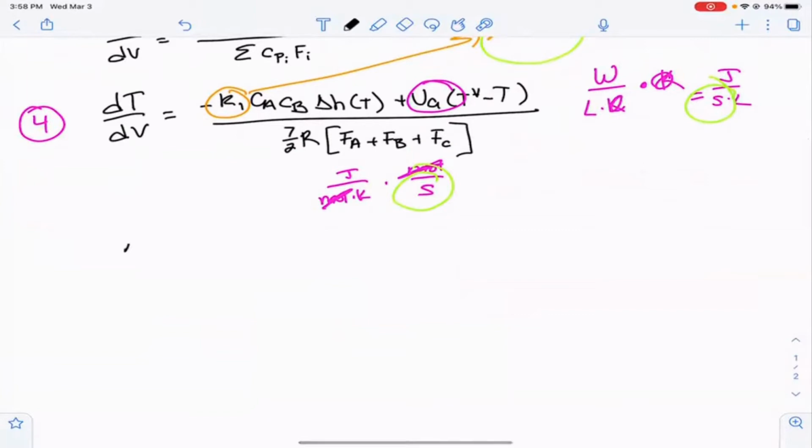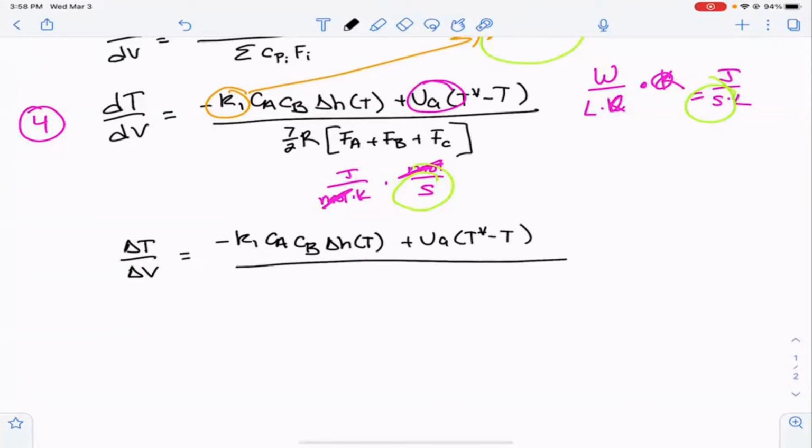And so when we use Euler's method, we estimate delta T over delta V as equal to minus K1 times CA CB times delta H at that temperature, plus UA times T star minus T, divided by 7/2 R times FA plus FB plus FC.